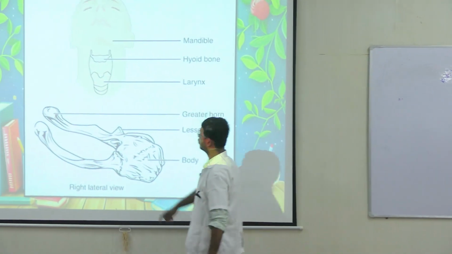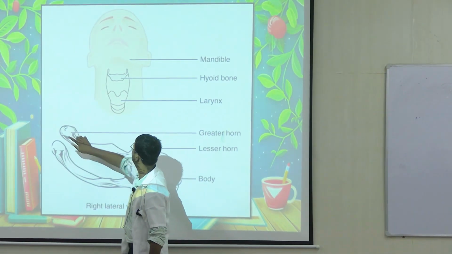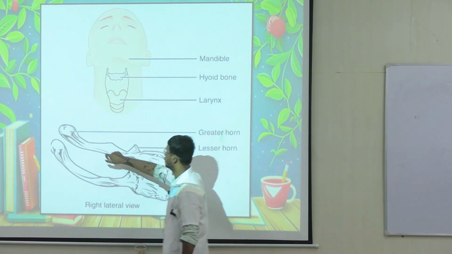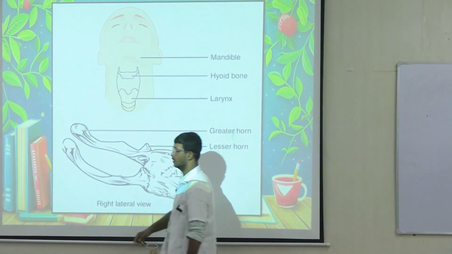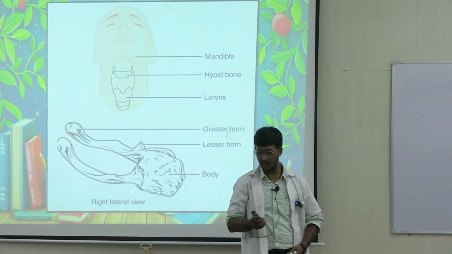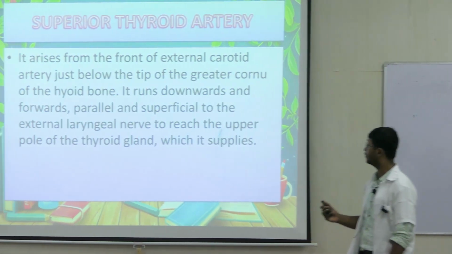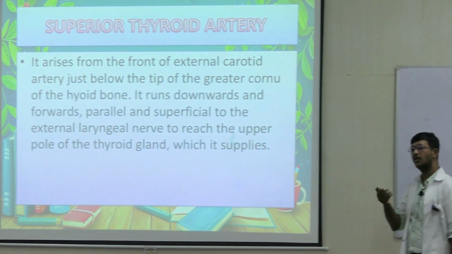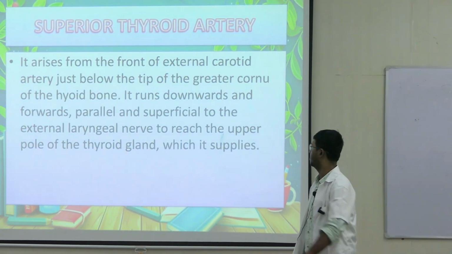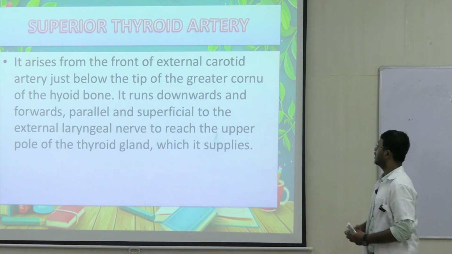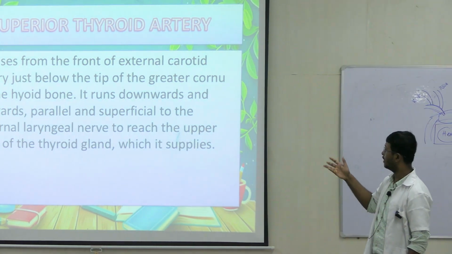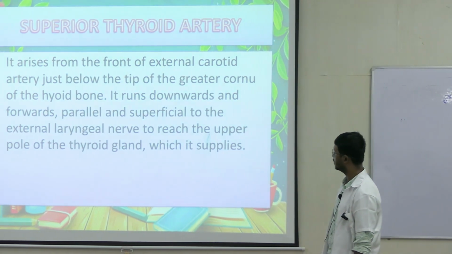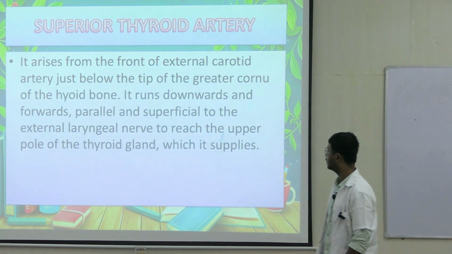Here is your thyroid bone. So this is the greater cornu of your thyroid bone. The superior thyroid artery arises from the lower portion of the greater cornu. Then it runs downwards and forwards, parallel and superficial to the external laryngeal nerve, to reach the upper pole of the thyroid gland.